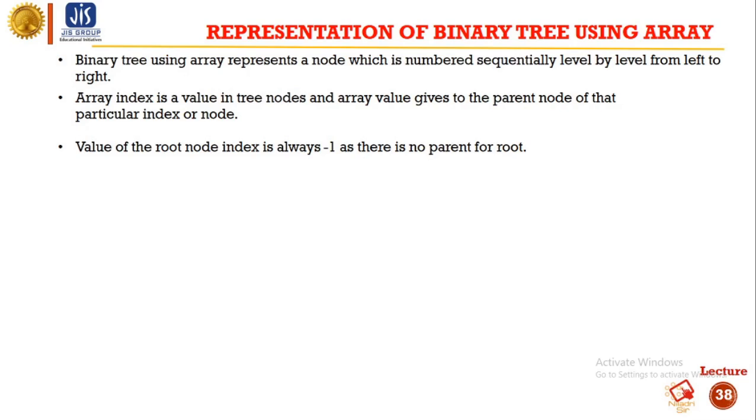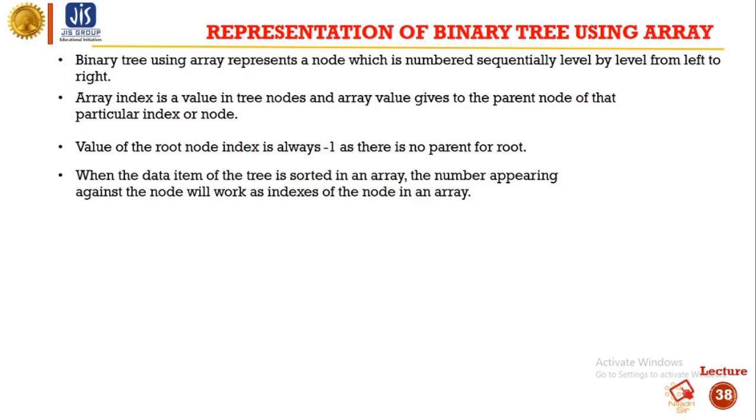As I have said, a binary tree using an array represents nodes numbered sequentially level by level from left to right. The array index is a value in the tree nodes, and the array value gives the parent node of that index. The value of the root node index is always -1, as there is no parent for the root.